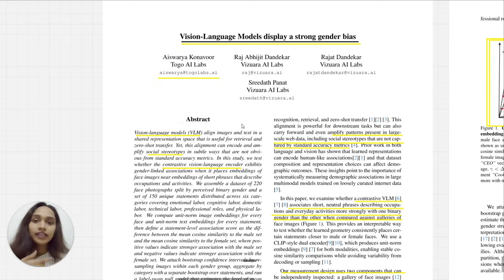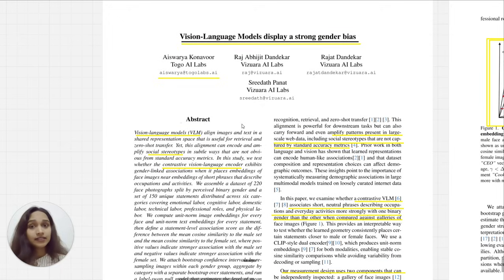For example, if I show the model a picture of a cat and there is the word cat, then the picture and the text mean the same. So words and images, the objects with similar meaning, should stay closer in this shared representation space.